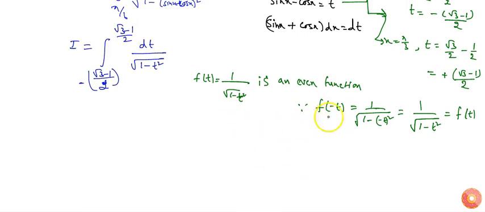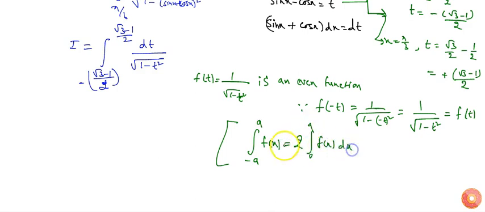So here f(minus t) equals f(t), which shows the function is an even function, and I know a property that the integral from minus a to a of f(x) equals 2 times the integral from 0 to a of f(x) dx when f(x) is an even function. So here the condition is satisfied in our integration.